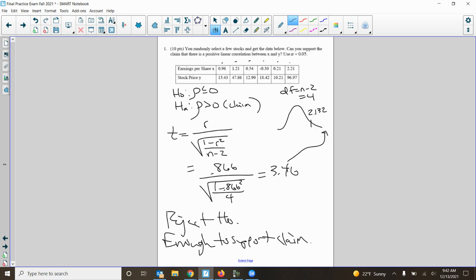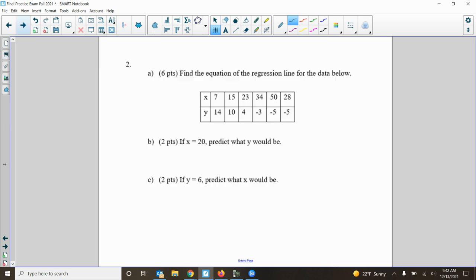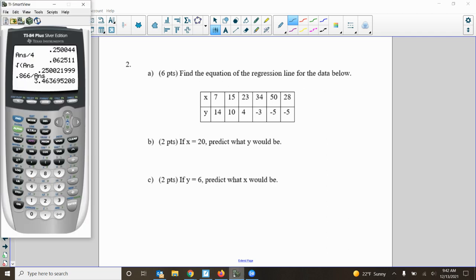All right, here we go. Find the equation of the regression line. Not too bad. We like how this works. You're not testing whether the correlation is significant. You're just finding the regression. So I'm going to go to my table here: 7, 15, 23, 34, 50, and 28.